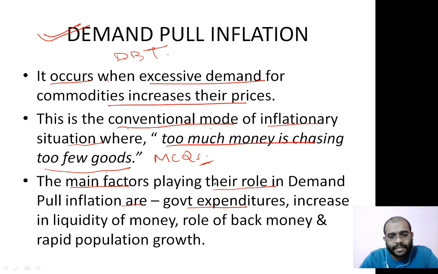The next cause is increase in liquidity of money and the role of black money, as well as rapid population growth. For 100 people, if you require 200 kg of rice, then for 1 crore people, you will require 2 crore kg of rice. That's simple. Therefore, rapid population growth will also give rise to demand pull inflation. And liquidity, we discussed it, and black money leads to liquidity and money supply in the market.